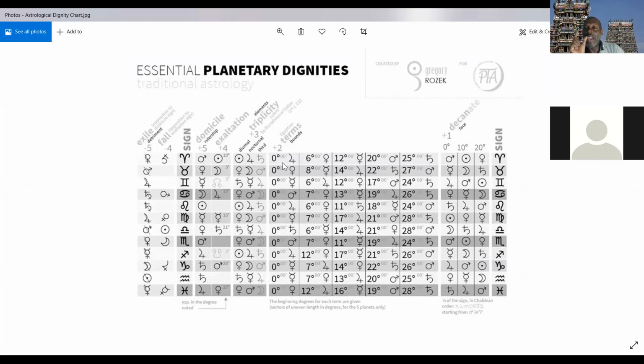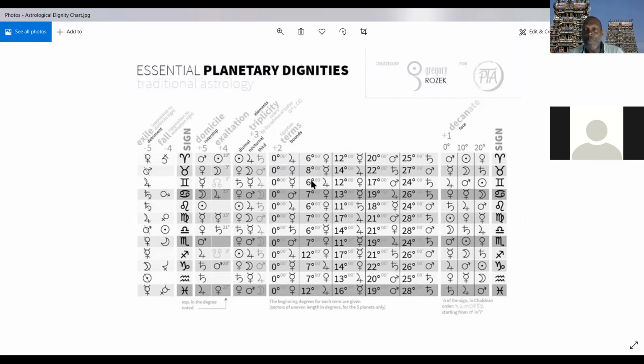The degree of longitude at which the planet is gets converted into right ascension, into ascensional time, and then that ascensional time is converted into regular time and is given an amount of time.